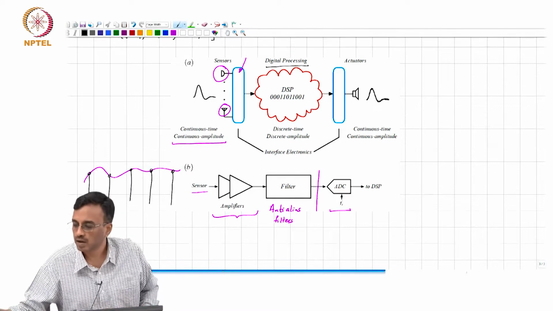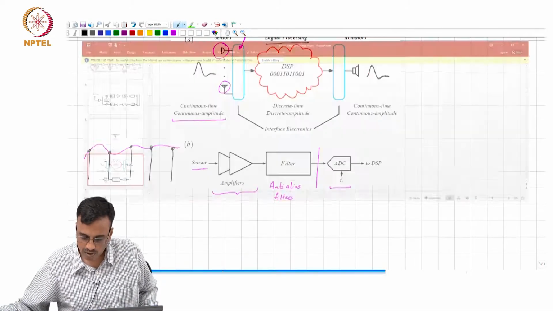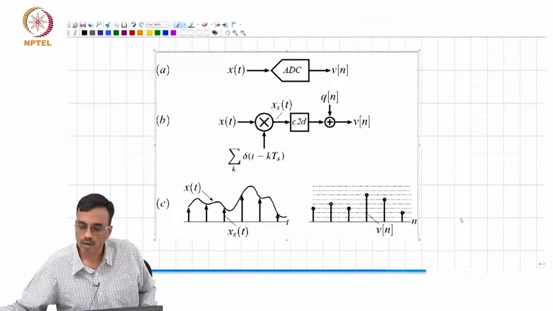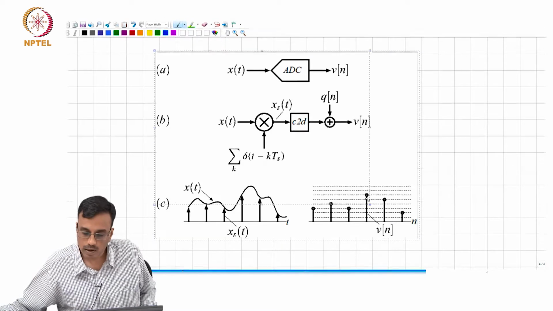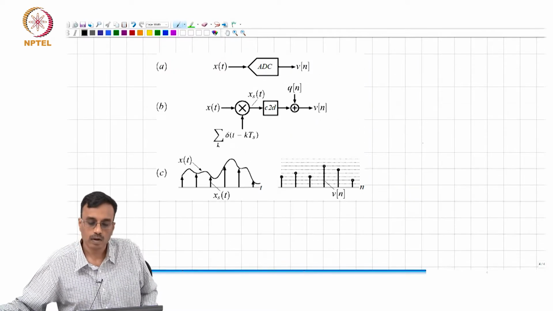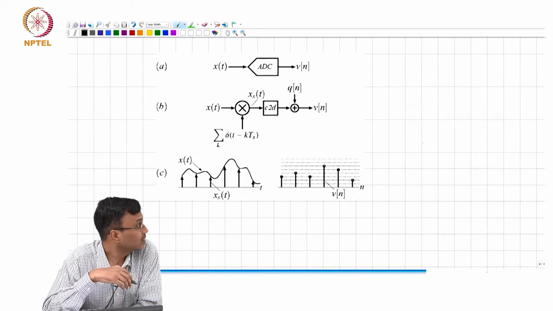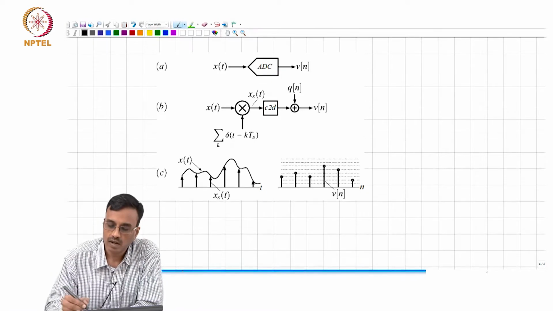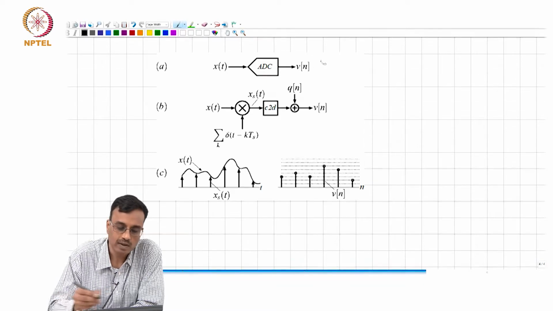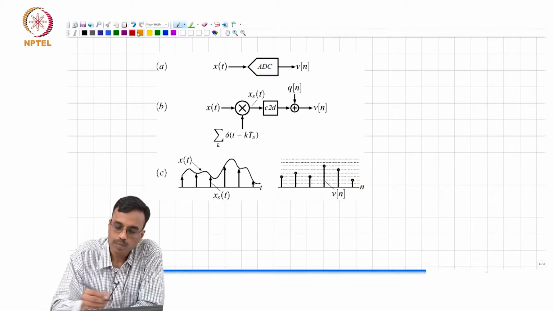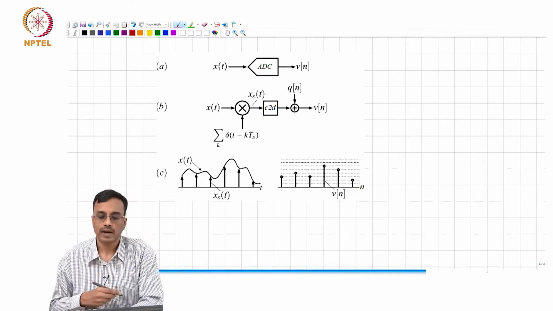And if you look at what A to D conversion does, mathematically what's happening? You're sampling, right.